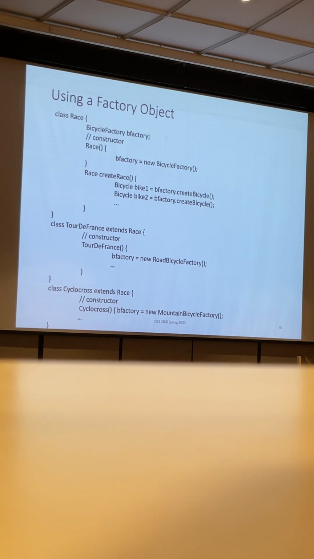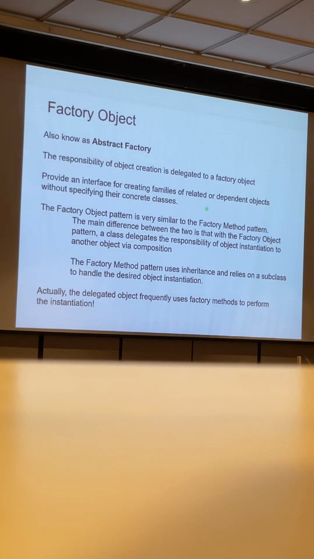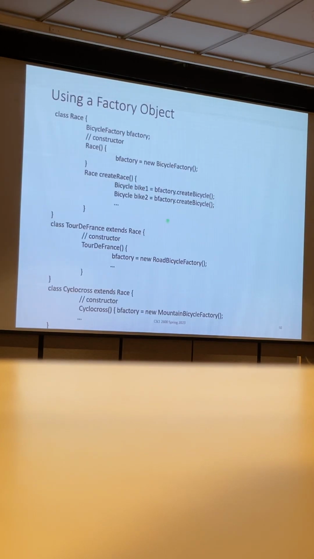B factory is now a field of race. So that's what we mean when we say that a factory is embedded in the line of the factory through composition. See how here we say via composition? So here this is via composition. B factory is now a field in race, and that means that B factory is a field in any subclass of race.